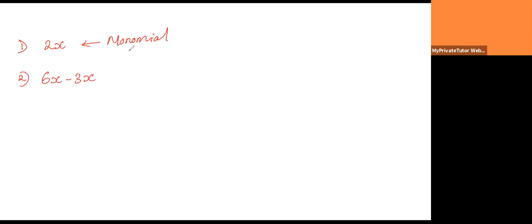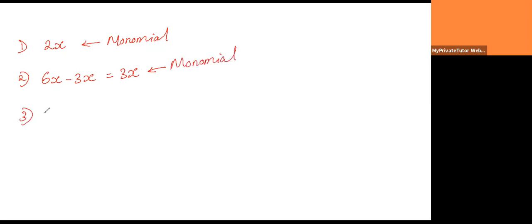I hope you guys know the reason, because it is nothing but 3x. So it is a monomial only. Please take care of this part. I think you guys tend to go with the number of terms, but make sure that none of the terms in the expression are like terms. If you have like terms, please simplify them. Let me tell you one more thing. So this is a monomial.